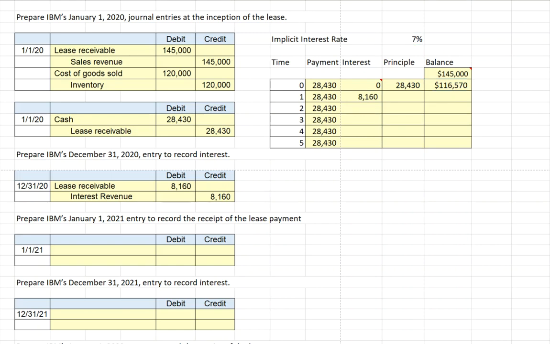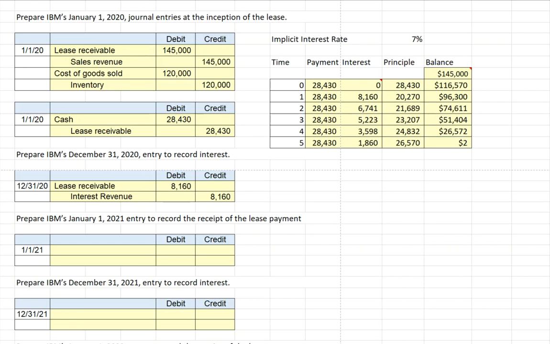When we receive our next payment of $28,430, if $8,160 is interest, the difference, of course, will be credited to principal and will reduce the receivable balance to $96,300. And that same process would go on for each one of our lease payments. We're off slightly due to rounding in our amortization table.